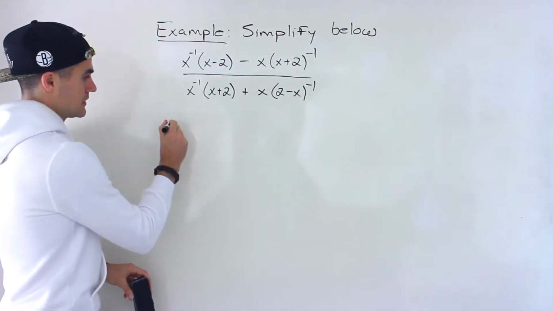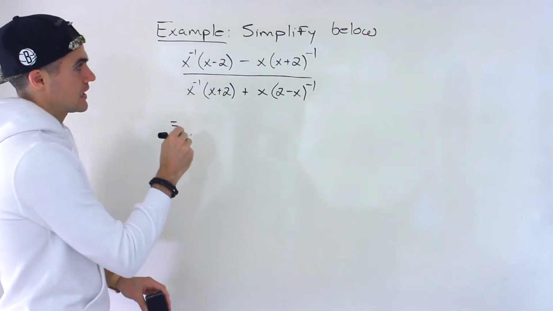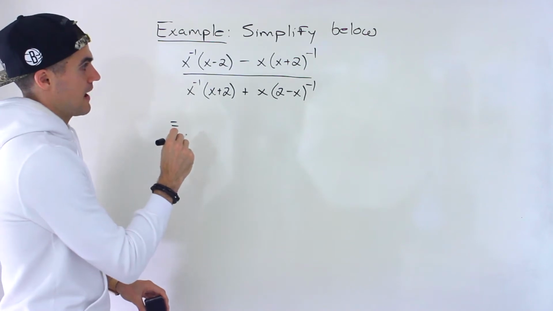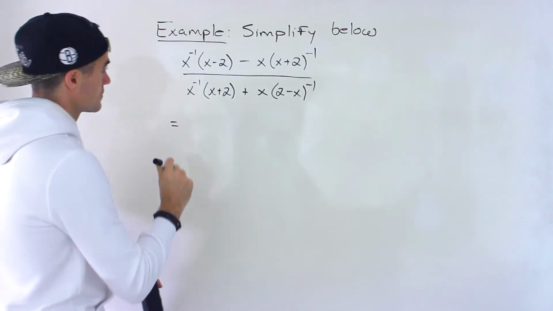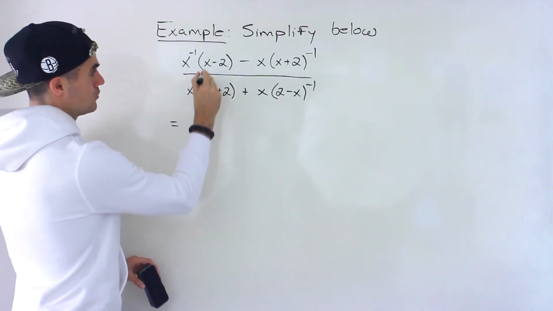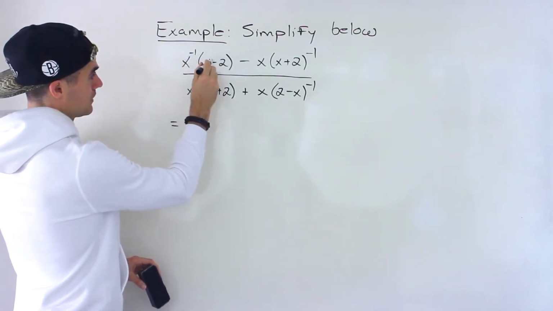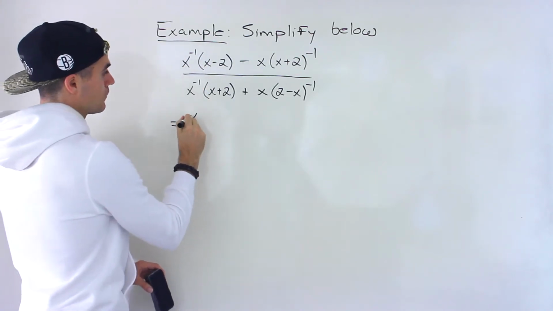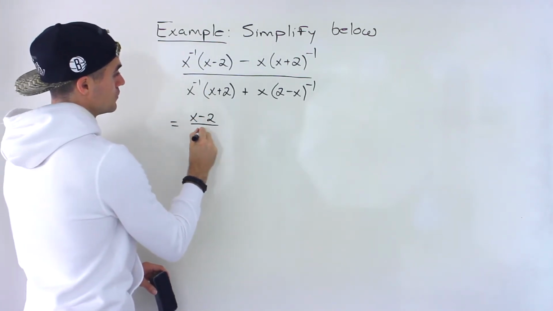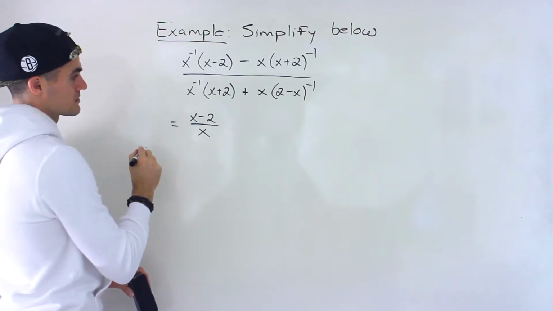Now when I get something like this, the first thing I like to do is change any negative exponents to positive exponents if possible. So notice that here in the numerator, this x to the negative 1 times x minus 2, we could bring the x to the negative 1 down, so we could rewrite this as x minus 2 over x, right?